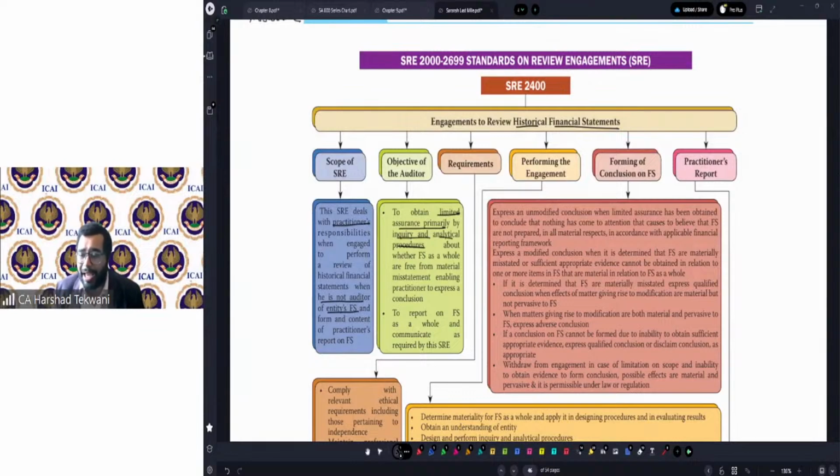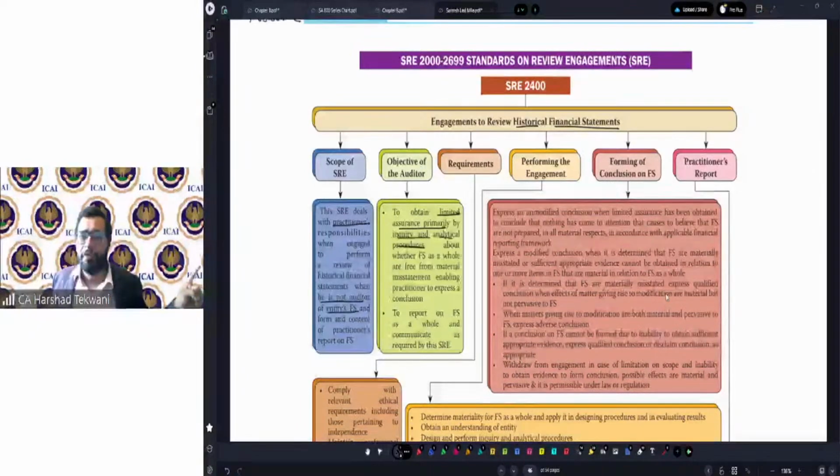Basically, in our opinion and to the best of our information and knowledge, the financial statement provides a true and fair view of the books of accounts and the state of affairs, something like that. So we say that it provides a true and fair view, or if it is a compliance framework, then it complies with the relevant applicable financial reporting framework, or is prepared in accordance with that framework. So we say it's a positive sentence.